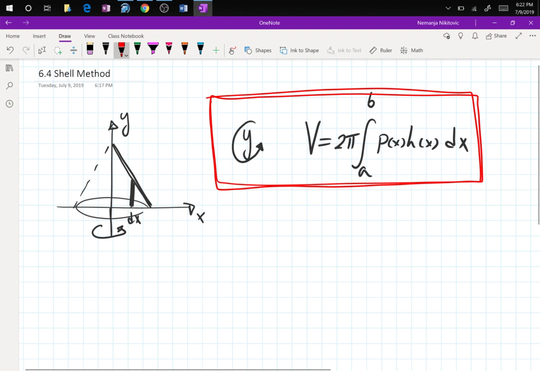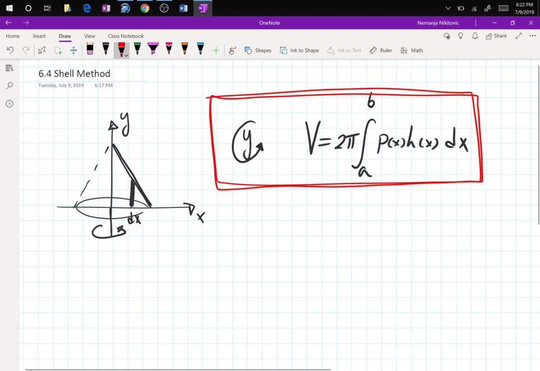So what do I have over here? Well, I have a perimeter, right? 2 pi r. And 2 pi r is the perimeter, and then you want to have times the height and times the width.